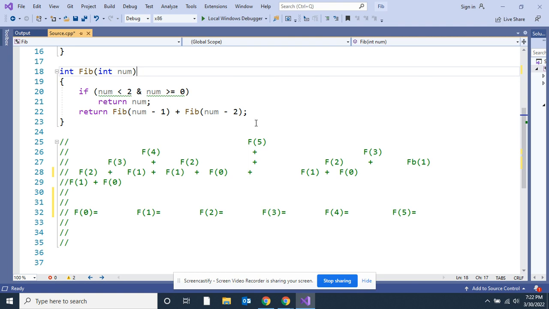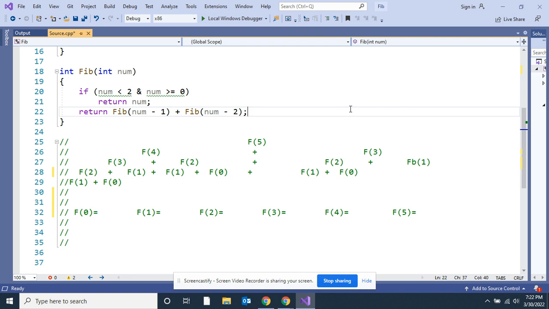For my explanation, I'm only going to use a 5, because I've only got so much space down here to explain it. Each one of those will call, like I said, this is Fibonacci 9 here, it's going to branch off and call Fibonacci 8 and 7. And this is Fibonacci 8, it's going to call 7 and 6. So you can see how it branches off.